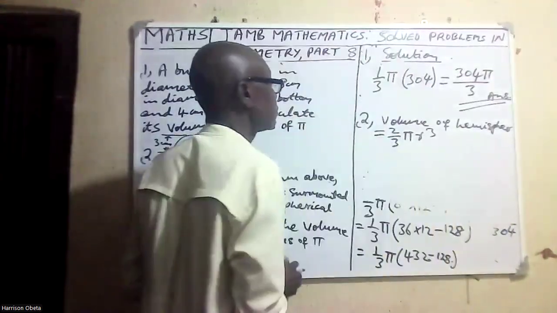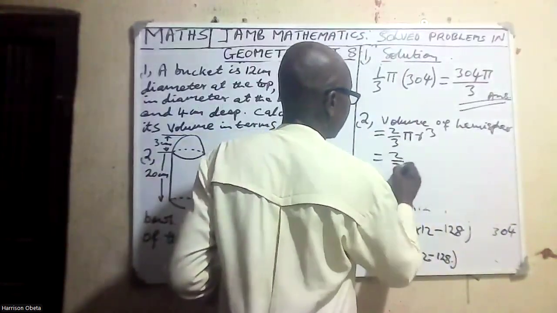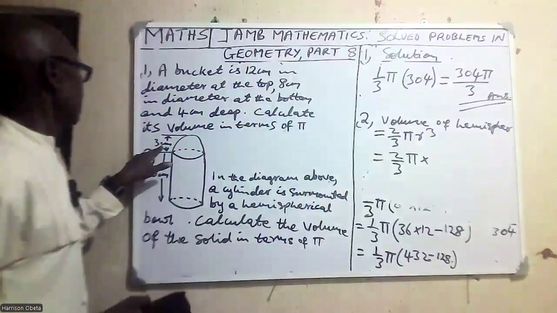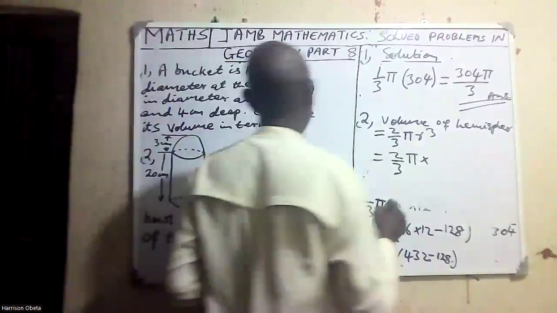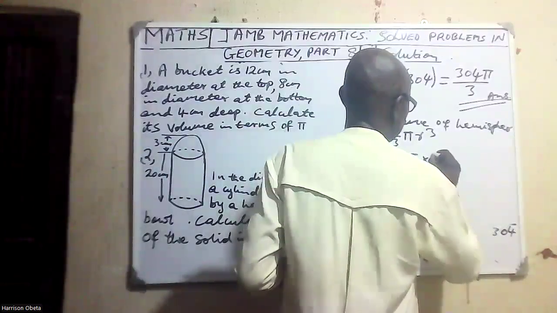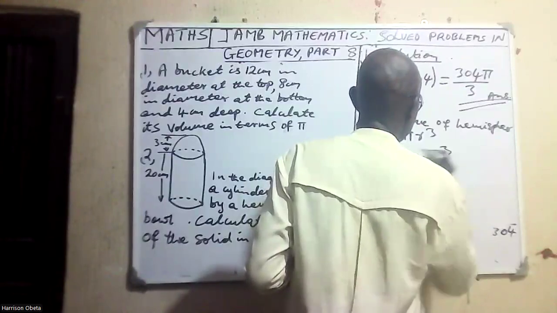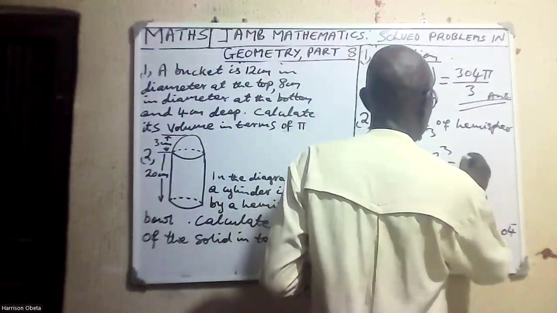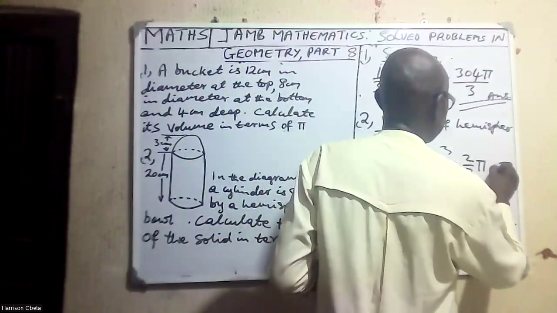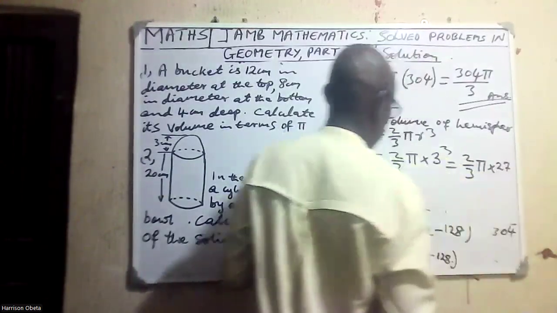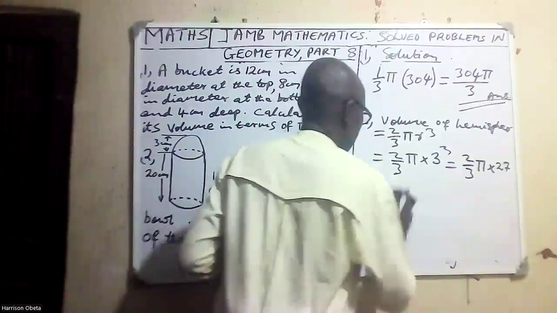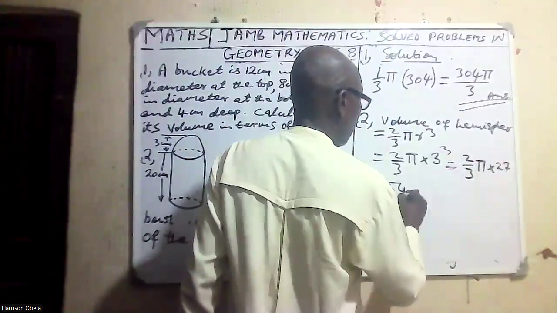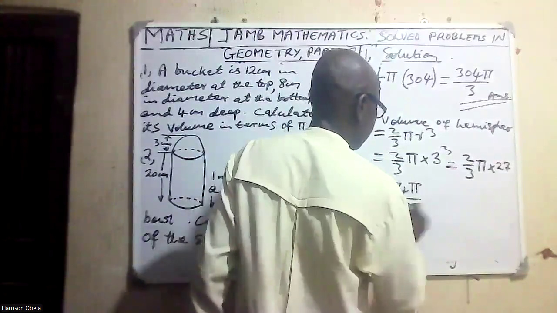So that would be 2/3 pi times the radius is 3, raised to power 3. And that will give us 2/3 pi times 27. And moving on, 27 times this will give us 54 pi all over 3.